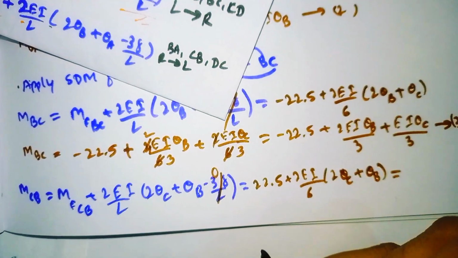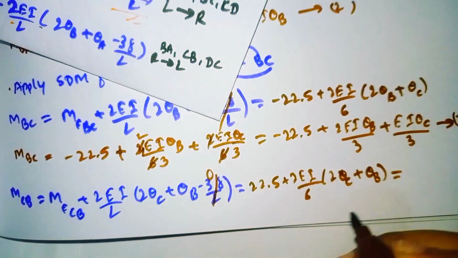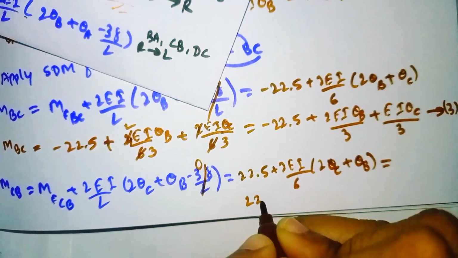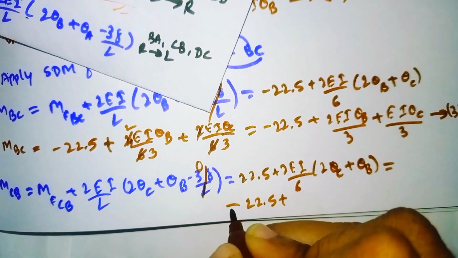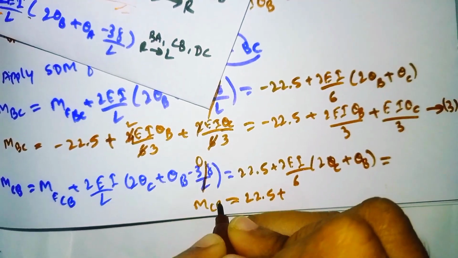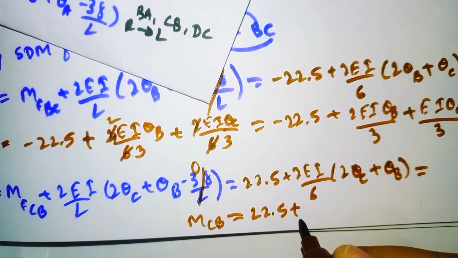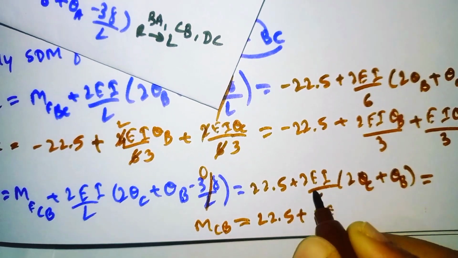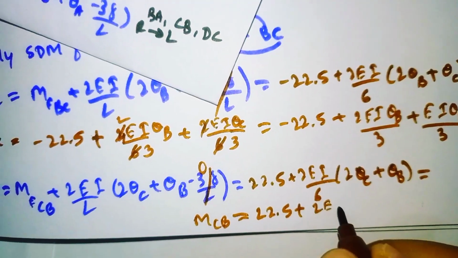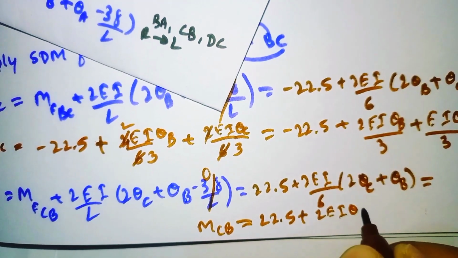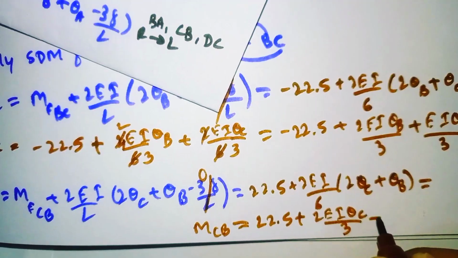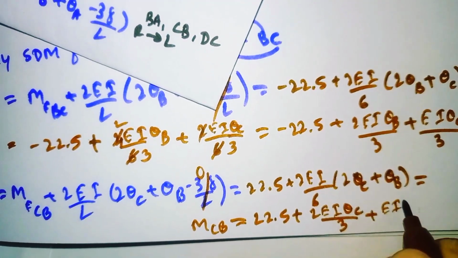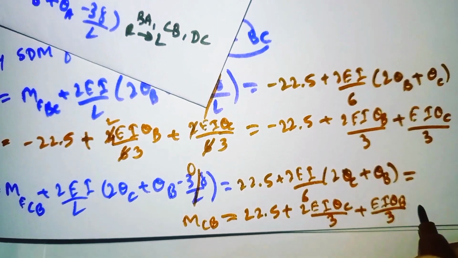So now simplify this. It will come out as 22.5 plus, multiplying this inside and cancelling, 2EI theta C divided by 3, and EI theta B divided by 3.